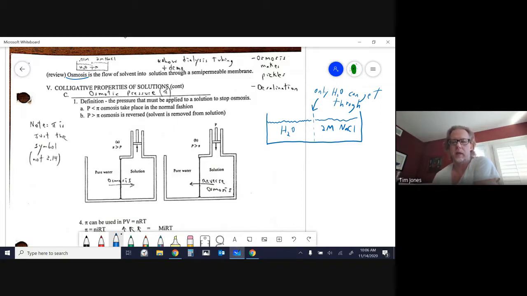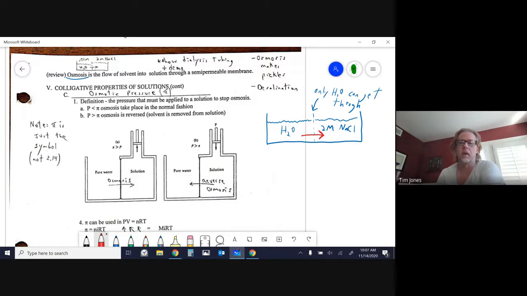Nature doesn't like these two situations touching each other. Of course, if they were in separate containers, that wouldn't be an issue, but they actually get to contact each other through the semi-permeable membrane. And so what nature tries to do is it tries to make the concentrations equal. And since the salt can't move, the only thing that can happen is water must go this direction. And that's what osmosis is.